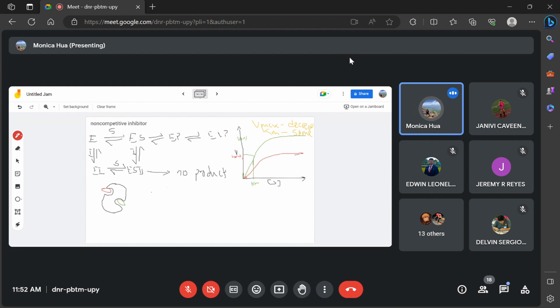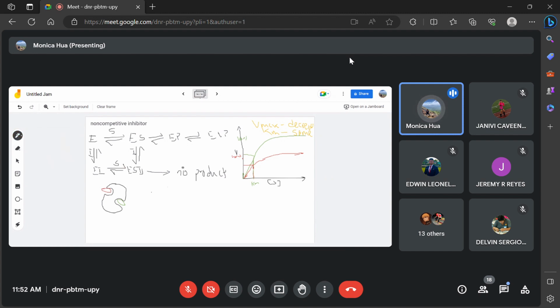I should have drawn this line a little bit more up, closer to this. So half of it could also be the same. It's supposed to be a little bit sharper. All right, so Vmax decreases, but Km is the same, right?